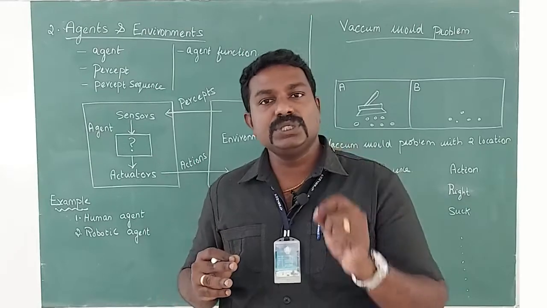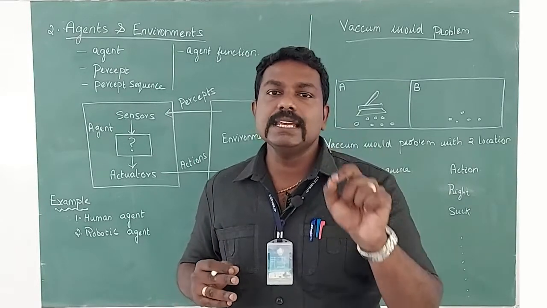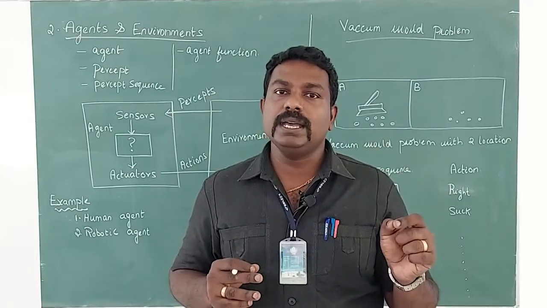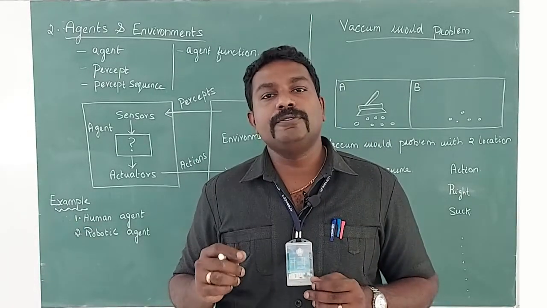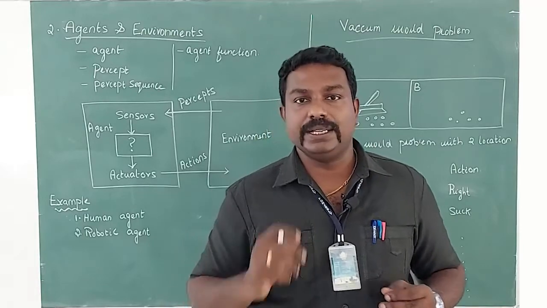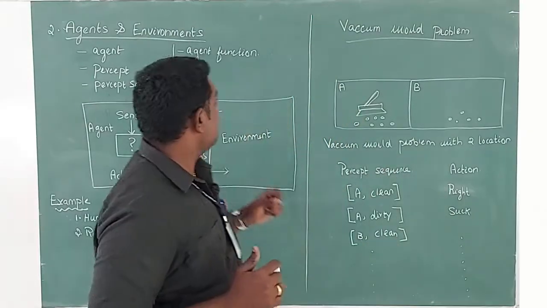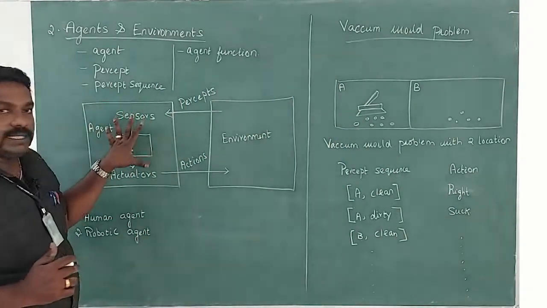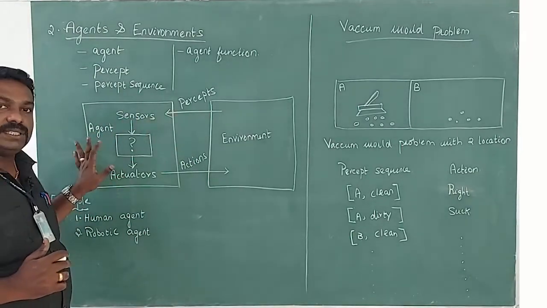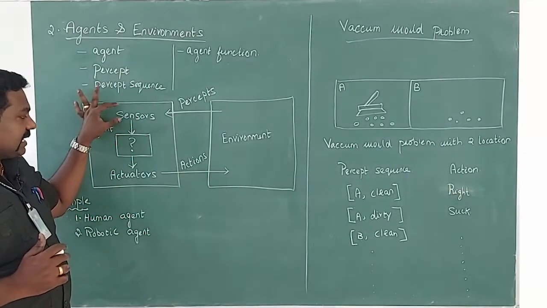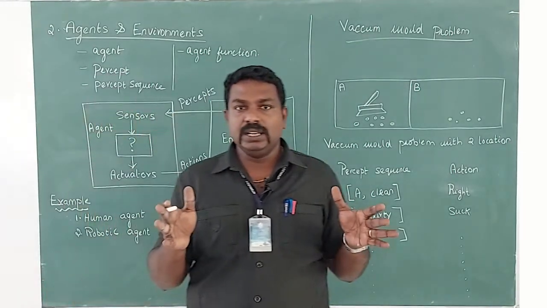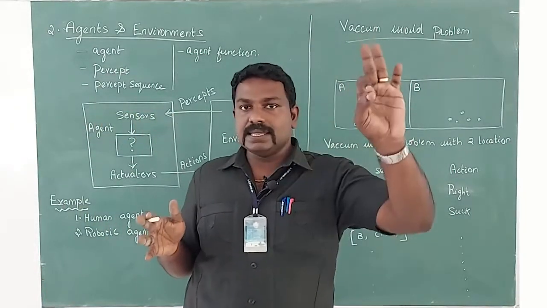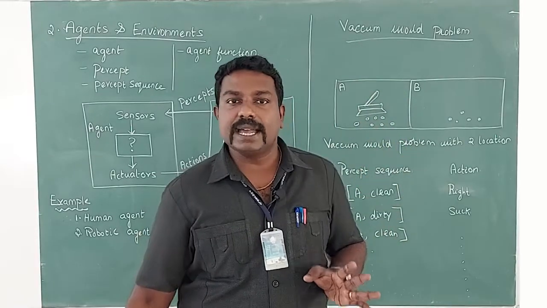An agent is a machine that gets an input from an environment and acts back on the environment with the help of sensors and actuators. See here, this is an agent, where we have sensors and actuators. If you take a machine, it has sensors as well as actuators.